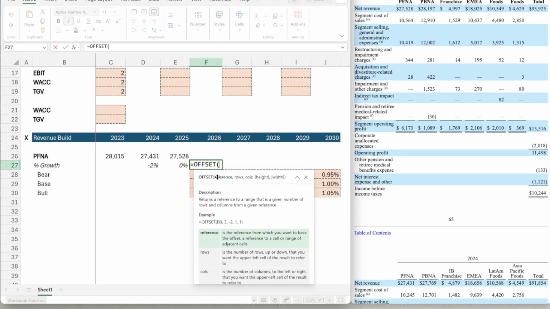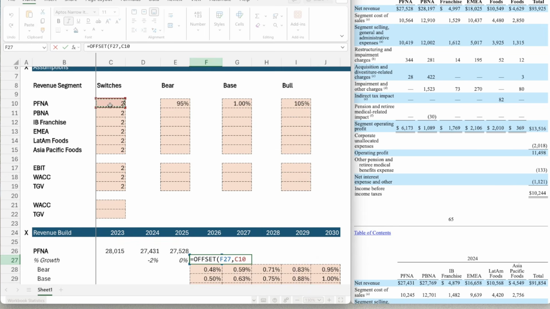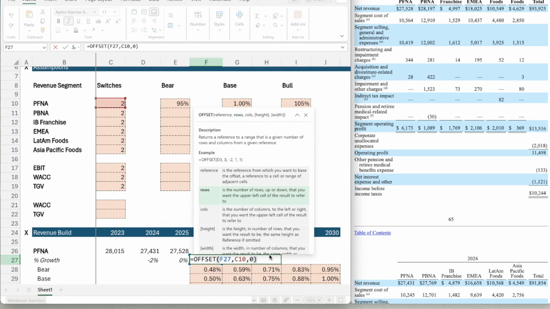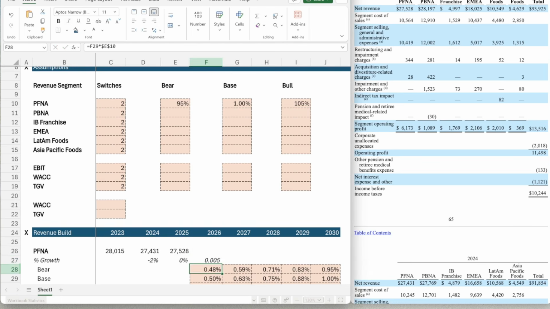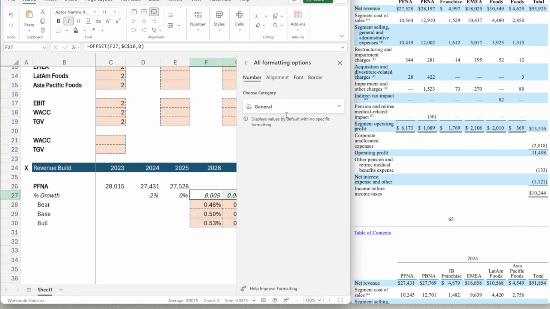Equals offset. We select the cell that we're in, F27, the switch, put a 0 afterwards, and lock it in. Pull it along, and do the format again.